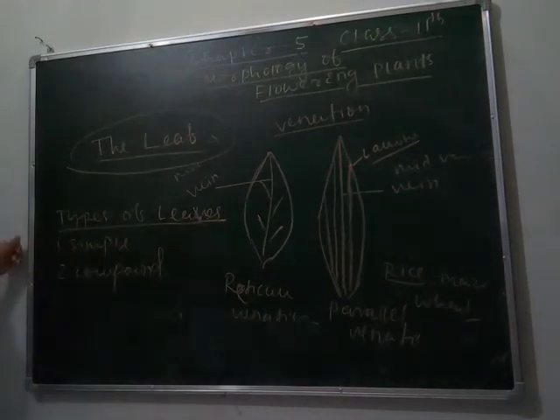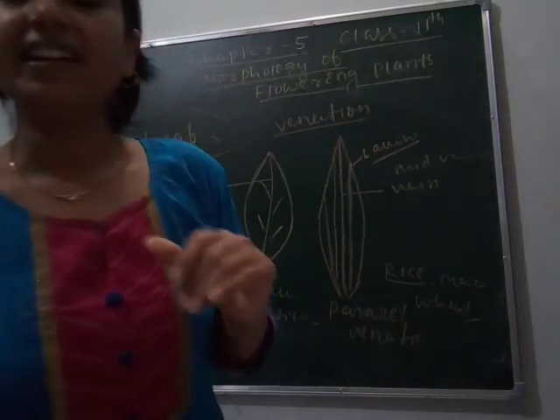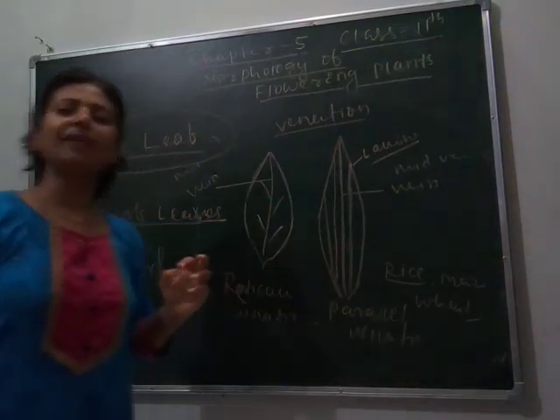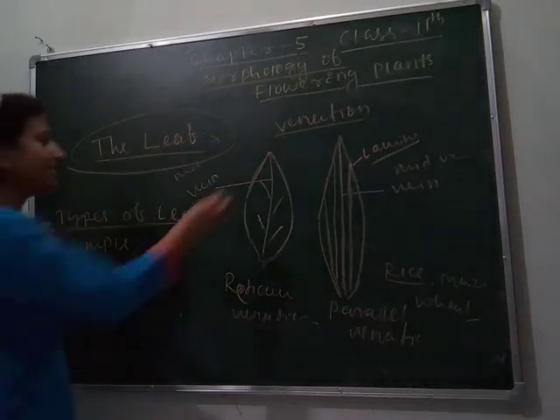If we see a simple leaf, its lamina is entire, and in a compound leaf its lamina is incised. Okay students, I think the types of leaves are clear. A leaf is said to be simple when its lamina is entire. Entire means like this.